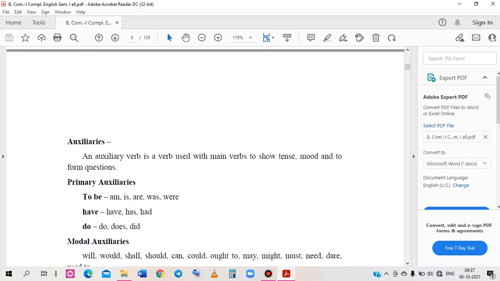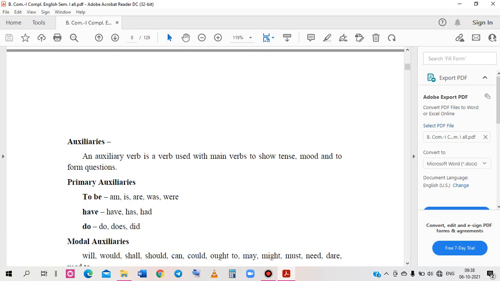Then the auxiliaries. An auxiliary verb is a verb used with main verbs to show tense, mood, or to form a question. Primary auxiliaries have three categories: to be: am, is, are, was, were; to have: have, has, had; do, does, did.